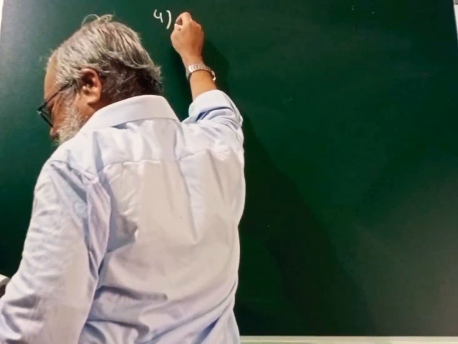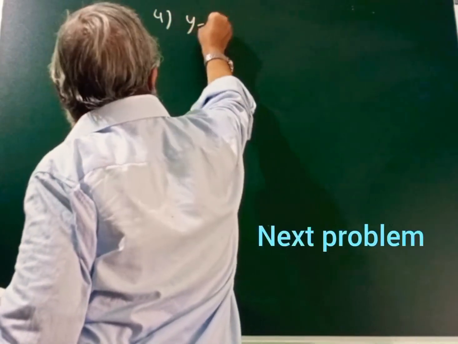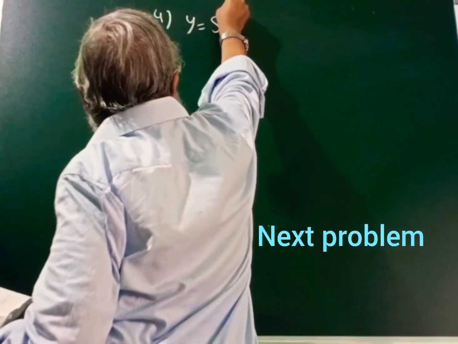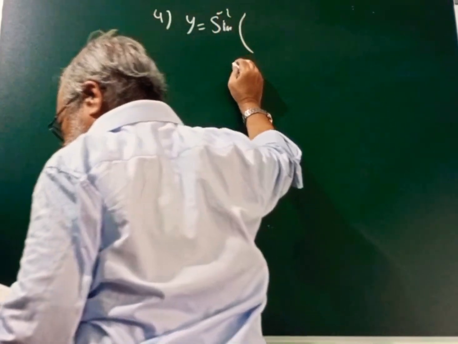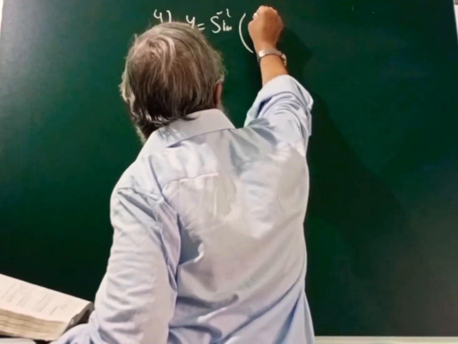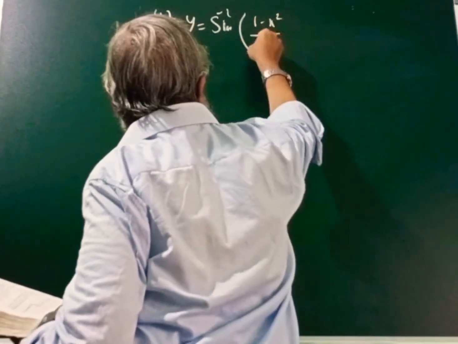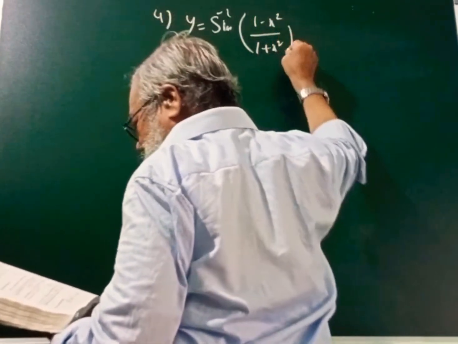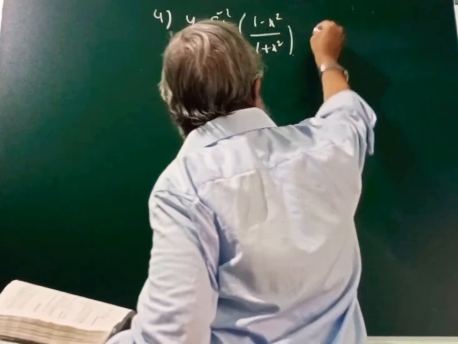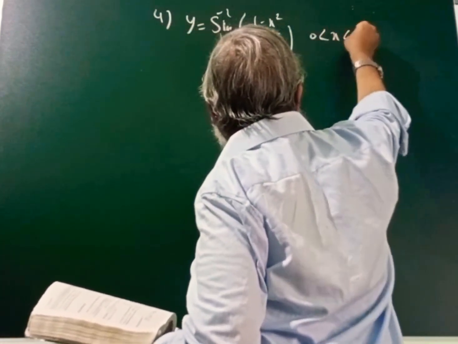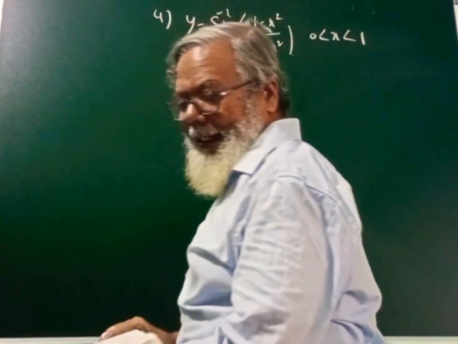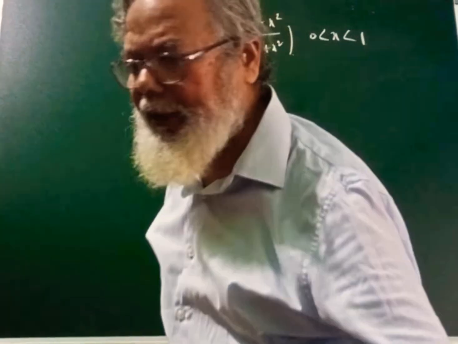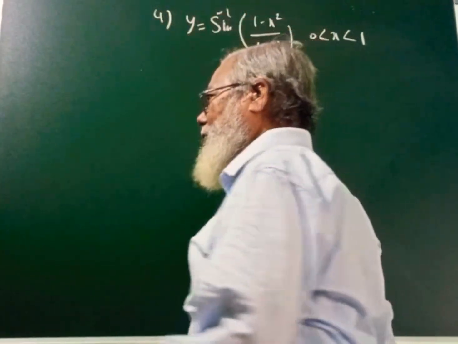Find dy by dx if y is equal to sine inverse of (1 minus x square) by (1 plus x square), where 0 is less than x is less than 1. Again, just now we have solved the problem, but it was in the cos inverse.